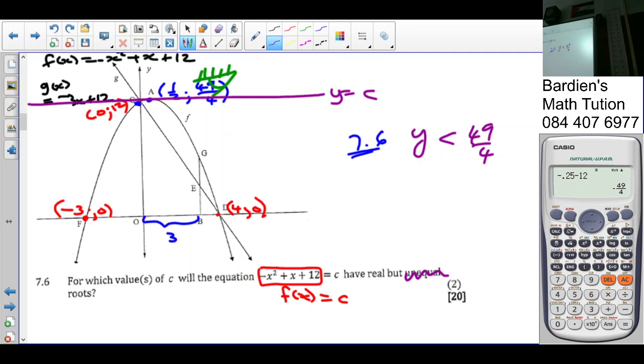Not y, this is the C. They want other values for C. What would I have written then? C is equal to 49 over 4. What if I said non-real roots? C would be more than 49 over 4. Okay? These are the variations I could ask you on that question.